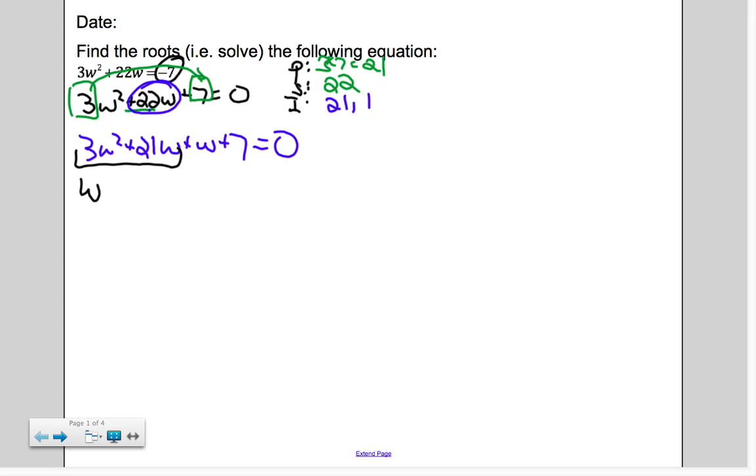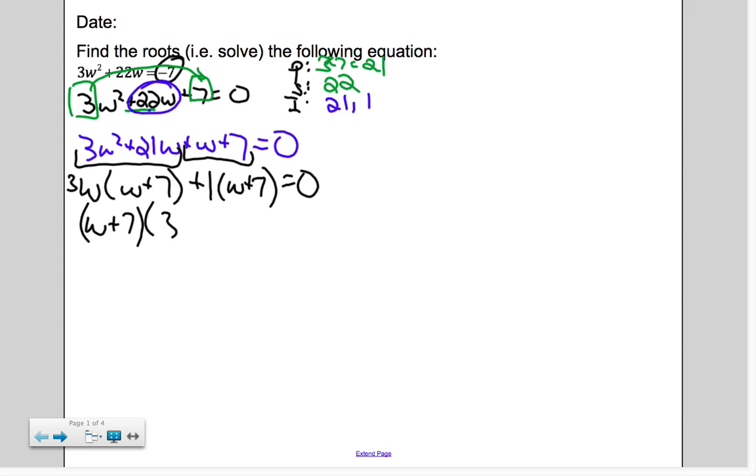In that term, we factor out a 3w, so I'm left with w plus 7. And here I want to factor out just a 1, and I'm left with w plus 7. So we get w plus 7 times 3w plus 1 equals 0. Okay, am I done?